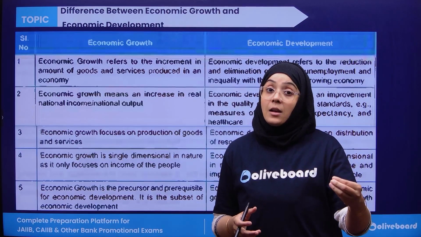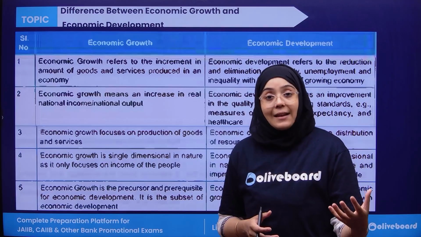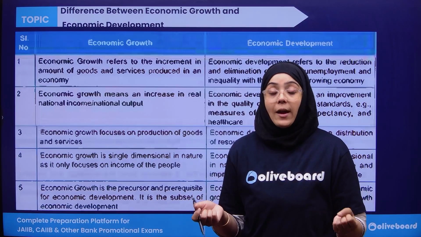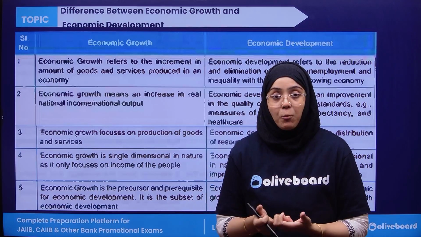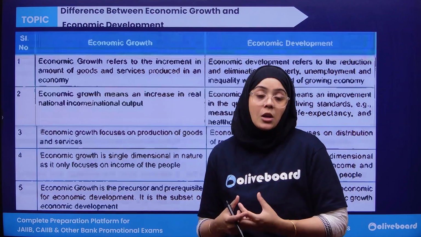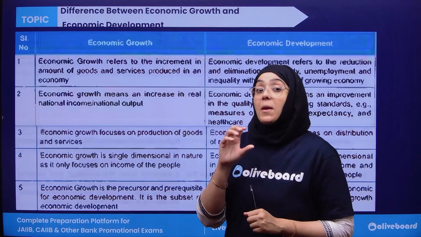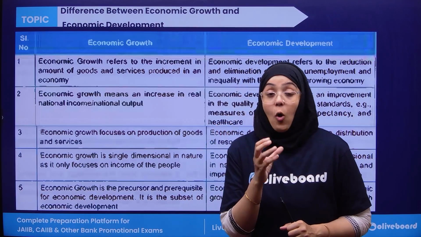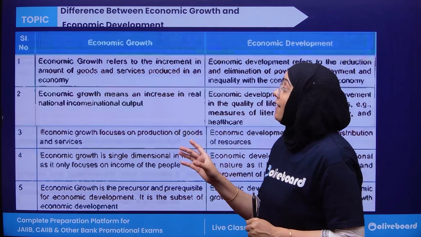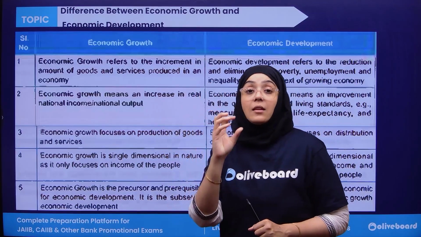Your rank in the poverty index has improved, the human development index has improved, you are providing quality education to the country, then it is called development. Development means you are measuring the quality of living, whereas with growth, you are measuring the quantity.